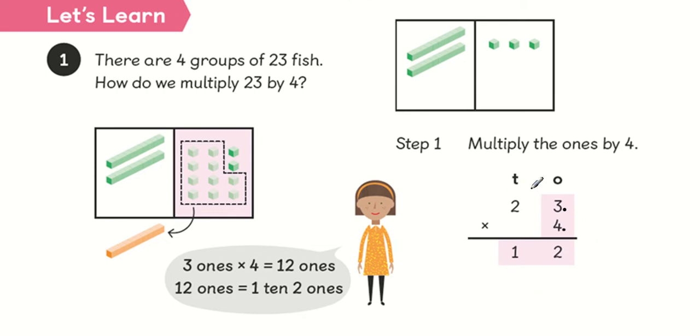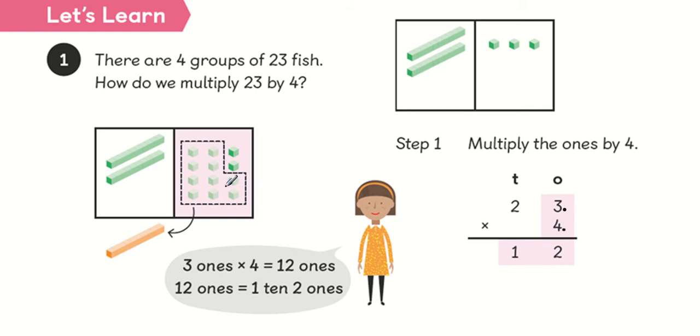And remember, we need to write 12 like this, because in 12 the 1 is in the tens column and the 2 is in the ones column. If we look over here, we've got 12 ones. And what they've done is they've taken 10 of the ones and exchanged it or regrouped it into 1 ten.